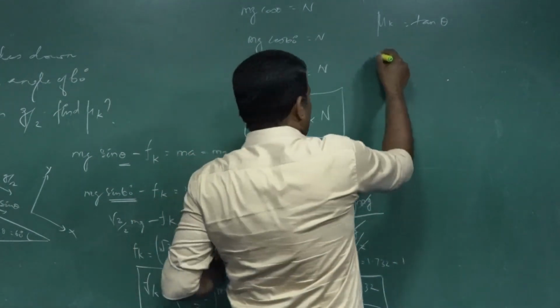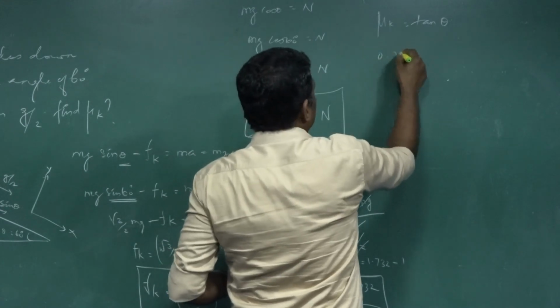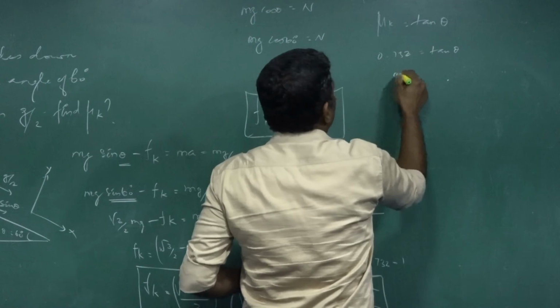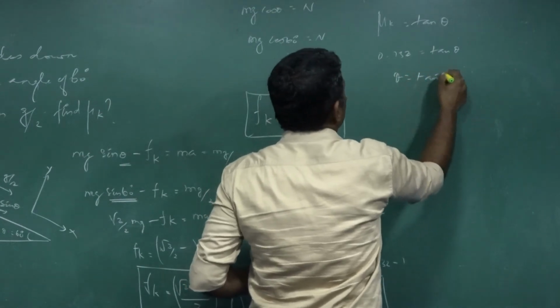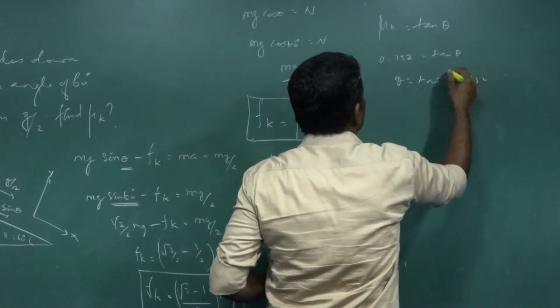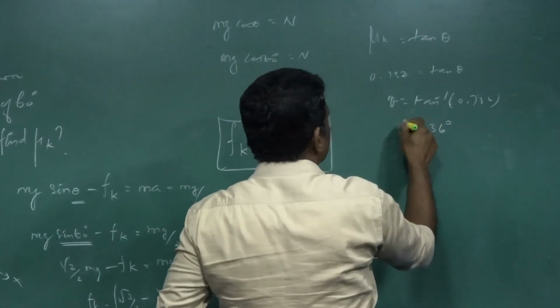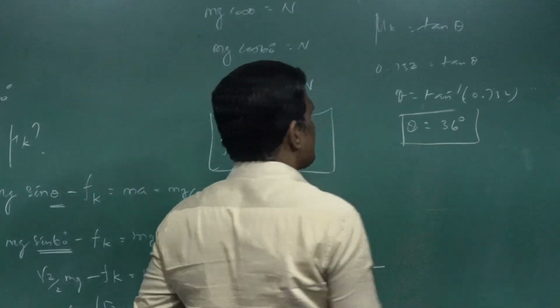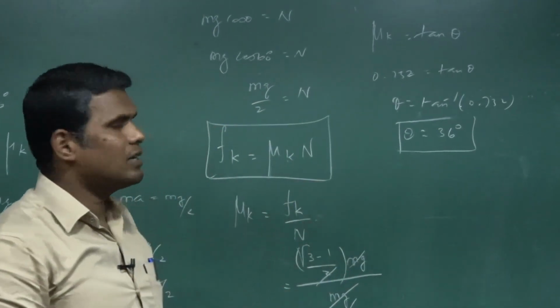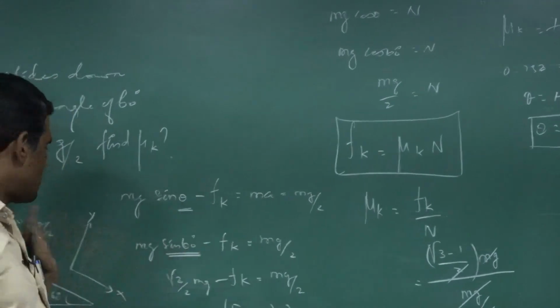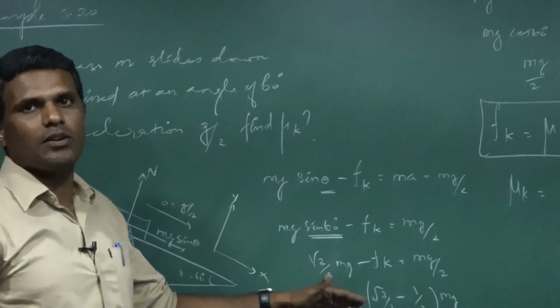Theta equals tan inverse of 0.732, which is approximately 36 degree. This theta is the angle of repose. This is the angle at which the object placed over the incline started sliding down the incline.